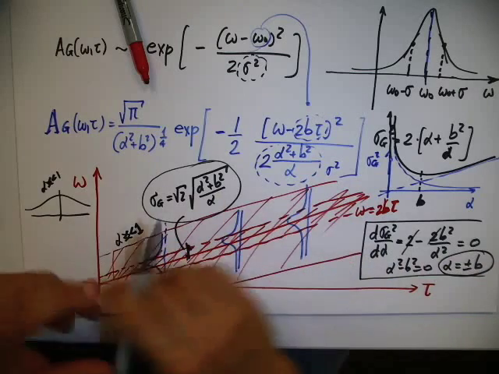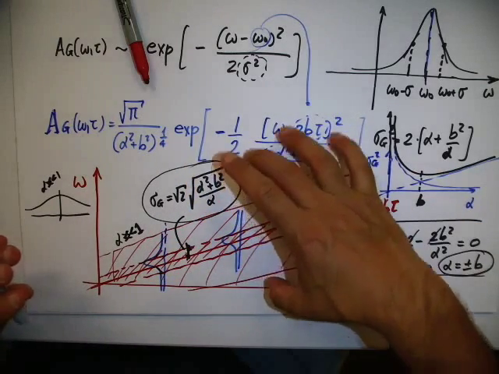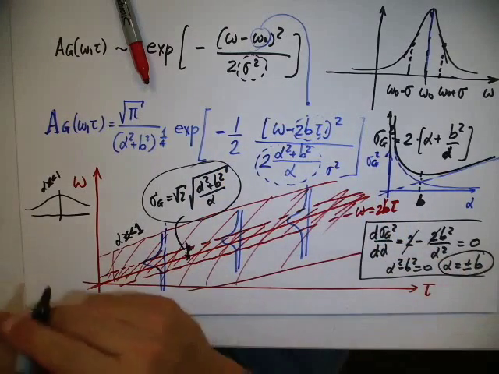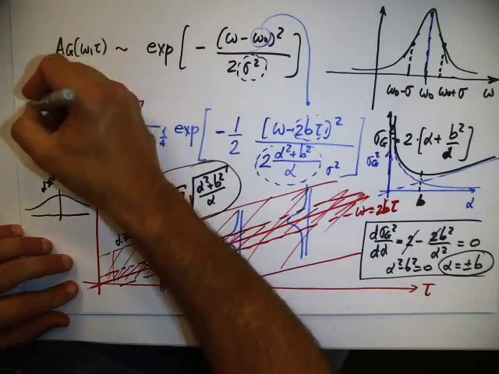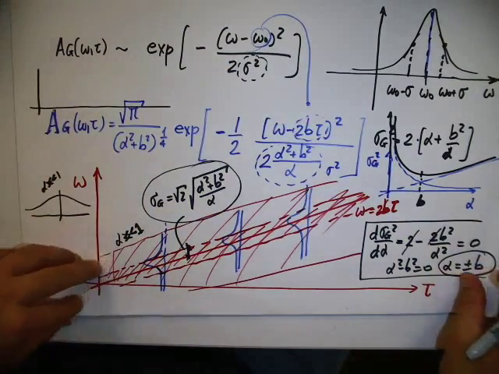That's why the spread around 2 beta tau becomes larger and larger, and I cannot distinguish the single frequencies anymore. Maybe let me redo it again.